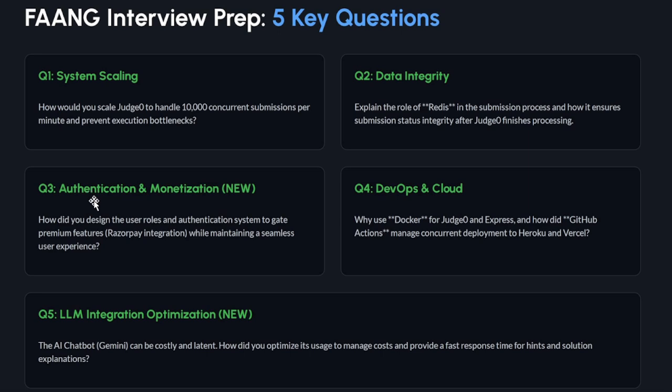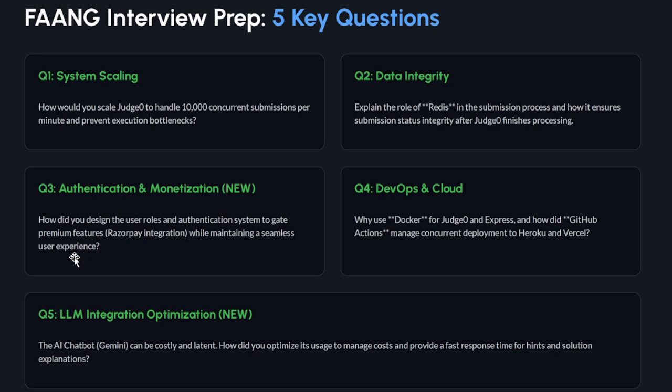Now next is authentication and monetization. How did you design the user roles and authentication system to support premium features like Razorpay integration while maintaining a seamless user experience? To achieve this, we use a JWT token for stateless authentication.